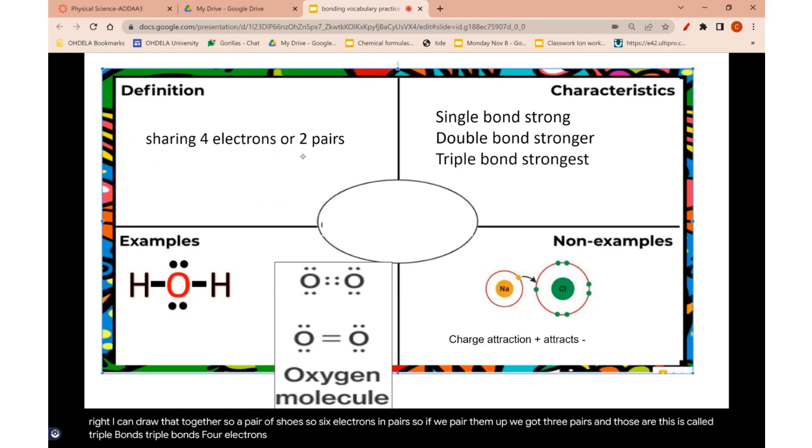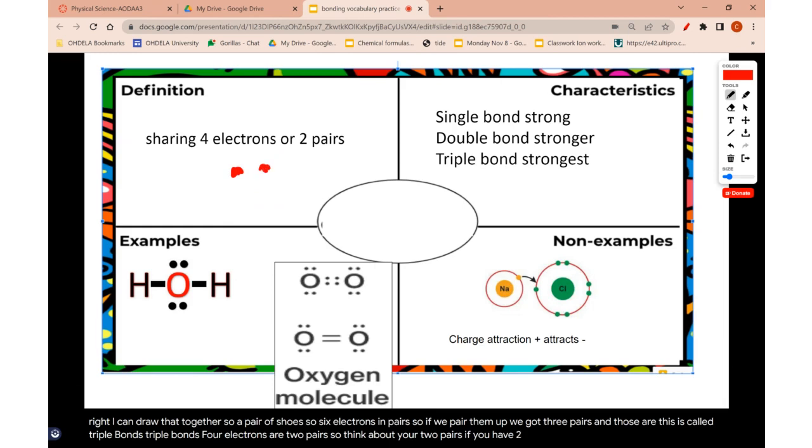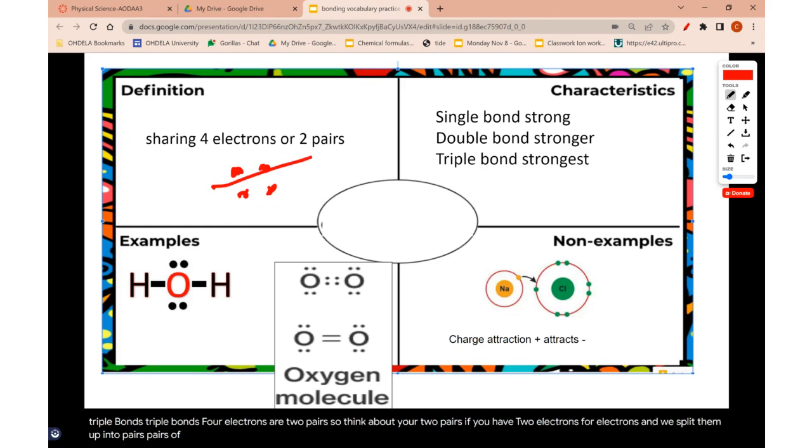Sharing 4 electrons or 2 pairs. So think about your 2 pairs. So if you have 4 electrons, and we split them up into pairs of 2, this is going to be a double bond.